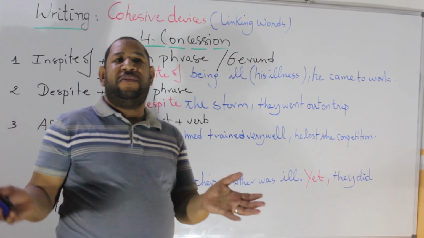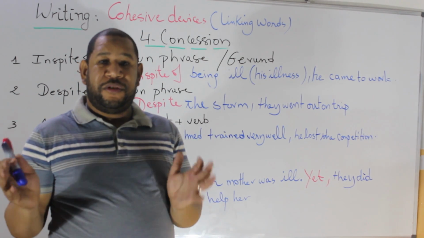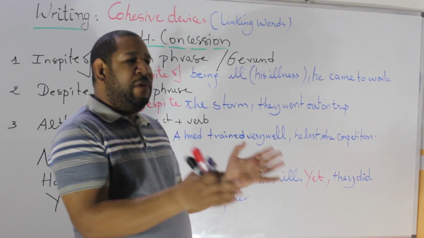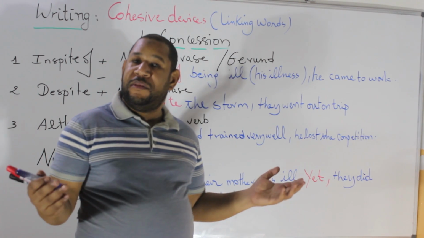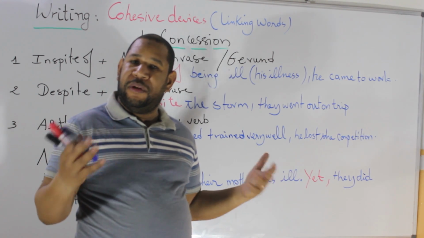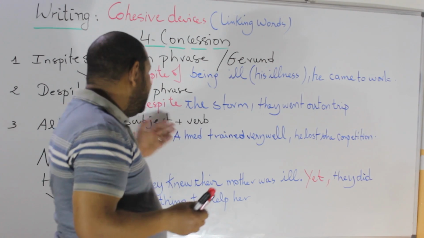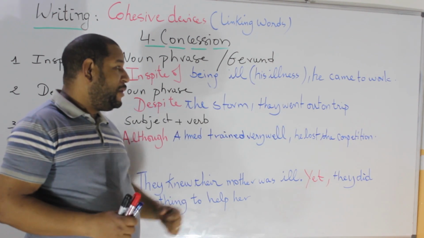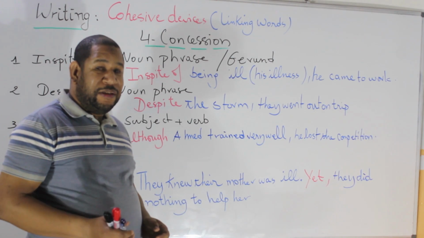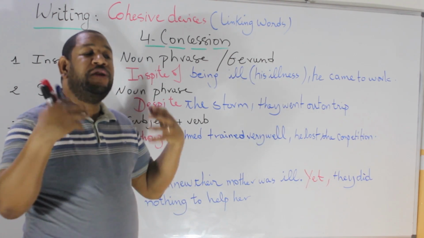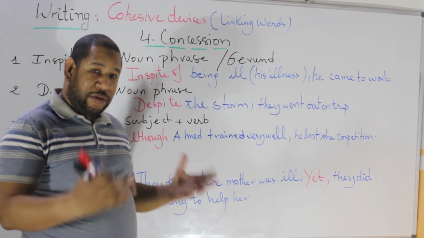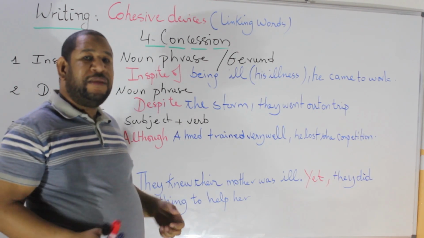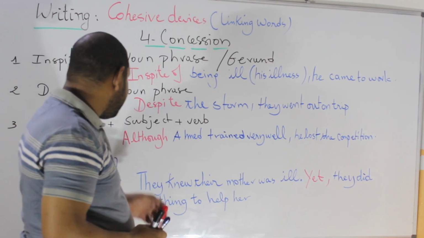If you say to someone that there was a storm, my family went on a trip, there is a problem. He will not understand that. But if you say, despite the storm, they went on a trip, now it makes sense. It means that they knew that there was a storm, and despite that, they went on a trip.